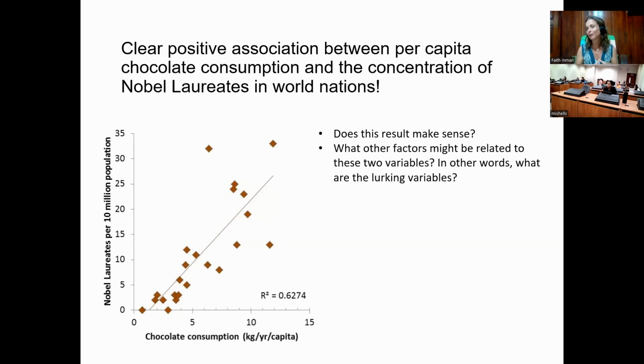The lurking variable is probably income, or it could be size of the population. Well, this is chocolate consumption per capita and Nobel laureates, so they're both proportions. So maybe population size wouldn't be it. But yeah, still population size. There are just a lot more people in some countries. All right.